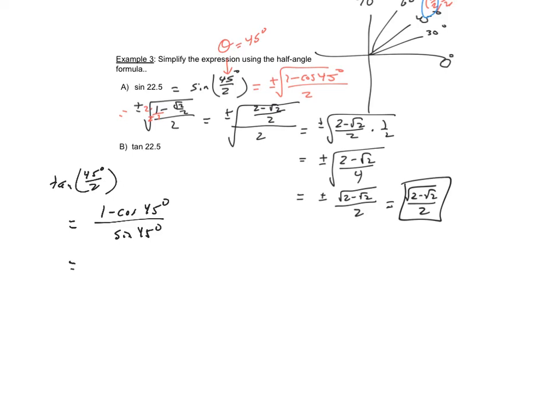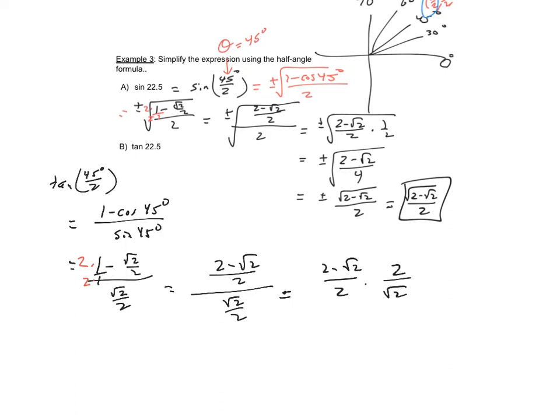It's the x value at 45 degrees, the square root of 2 over 2. And the sine of 45 degrees there is also the square root of 2 over 2. This is the y value. We're going to get a common denominator. So we get 2 minus the square root of 2 over 2, divided by the square root of 2 over 2.